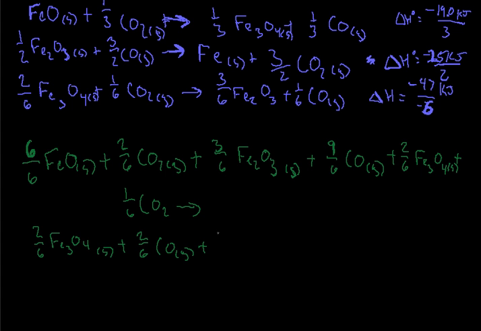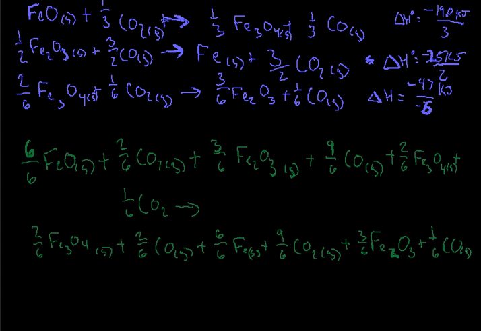And then for iron, that's going to be 6/6 Fe as a solid. And then 3/2 again is going to be 9/6 carbon dioxide. And 3/6, now I'm onto these guys, iron 3 oxide. And then 1/6 carbon monoxide.